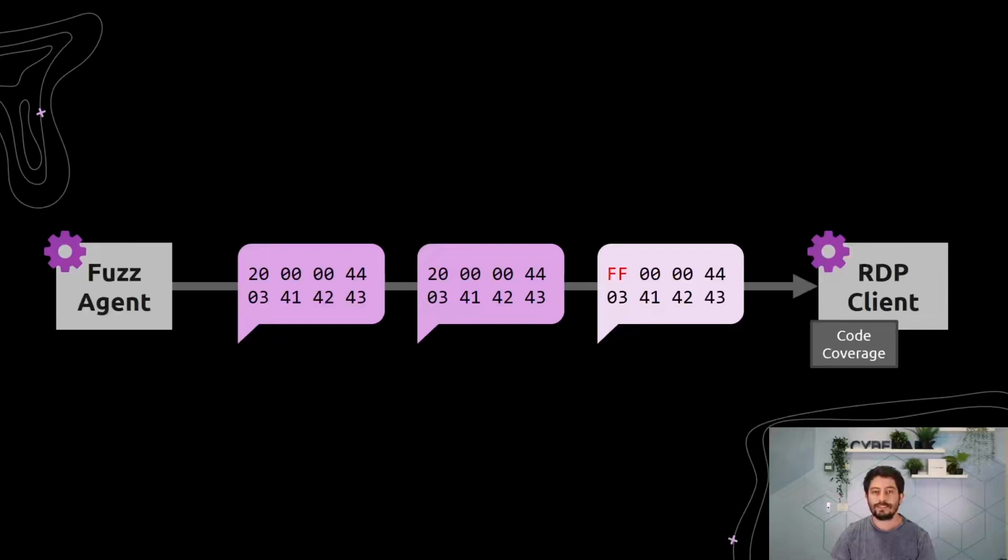In this case, the marker is the first byte of the message. As you can see, on the normal messages it is 0x20, and on the fuzzing messages it's 0xFF. And that allows the code coverage engine to differentiate the fuzzing messages from normal messages.